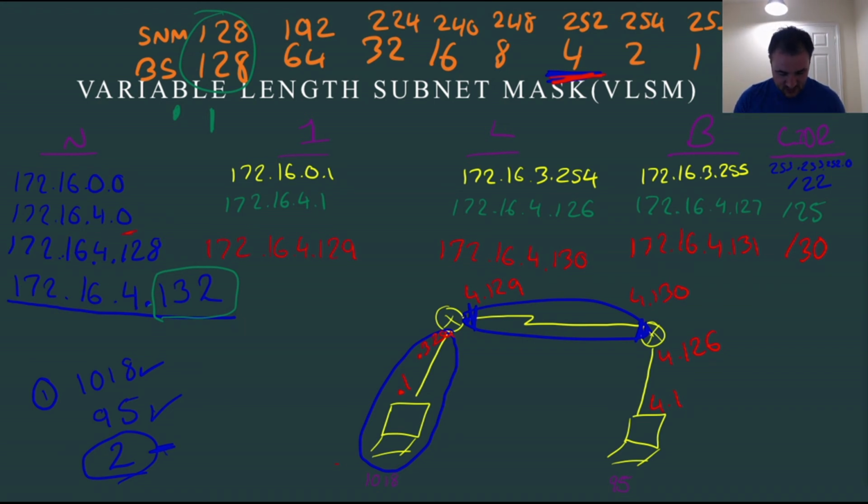We've got lots of spares, so we've actually got 4.132 all the way through to 255.255 within the 172.16 network. Cool. I know it looks like a headache, but that's our basic subnetting and variable length subnet masks on the fly anyway.